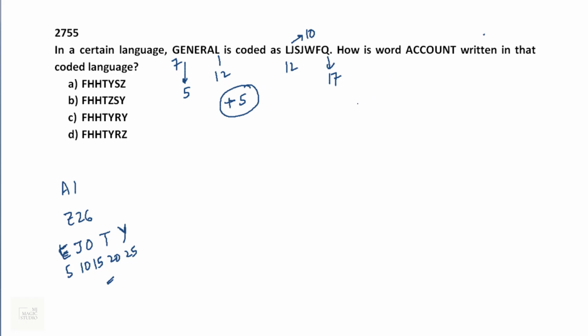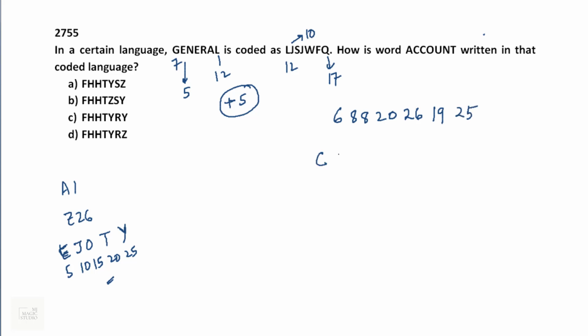Account: A is 1, it will become 6. C will become 8. O is 15, it will become 20. U is 21, it will become 26. N is 14, 19. T is 20, it will become 25.